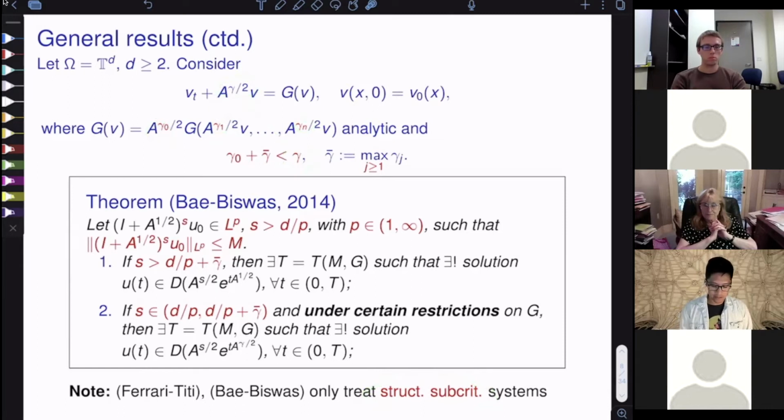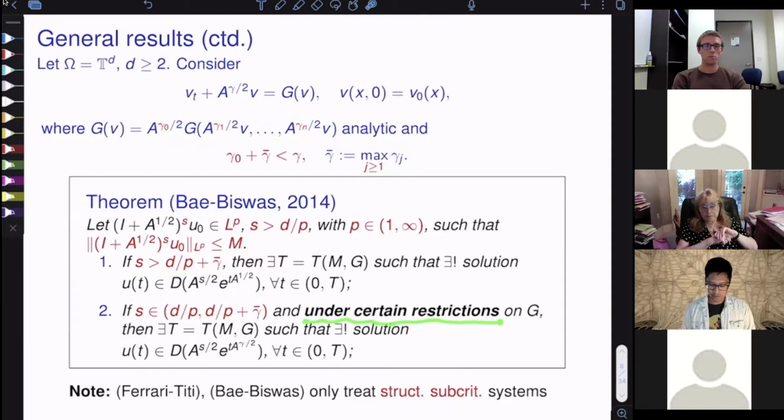So in this L^p setting, if you assume that s derivatives belong to L^p, and s is greater than d over p, then they obtain an analogous result to the Ferrari and Titi result, where in this generality, as long as s is larger than dimension divided by p plus gamma bar, being the maximum of all the derivatives appearing in G, then you have instantaneous smoothing.